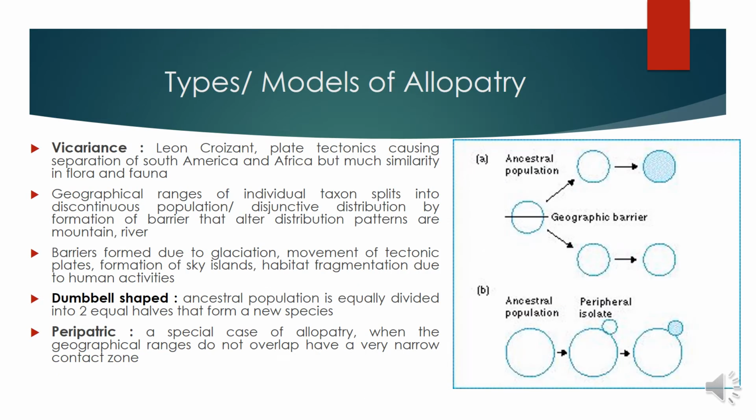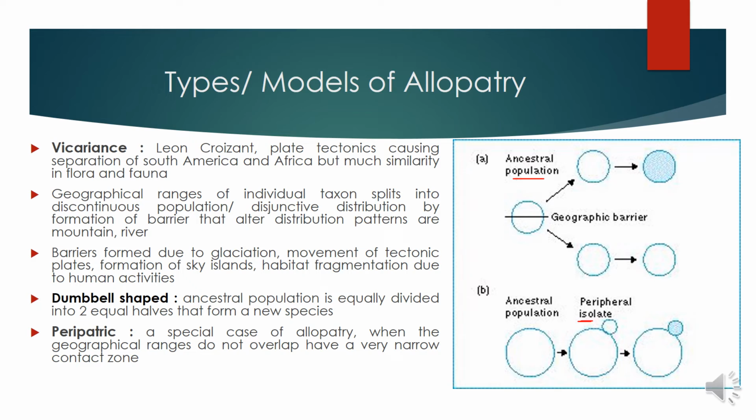Now, allopatry can be of two types. One is the dumbbell shaped allopatry, where the population is equally divided by the barrier, and another is peripatry, where the ancestral population is much bigger than the peripheral isolate.